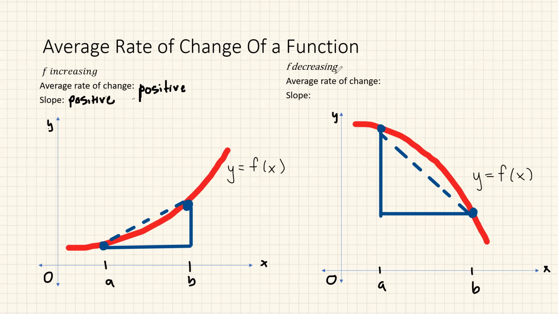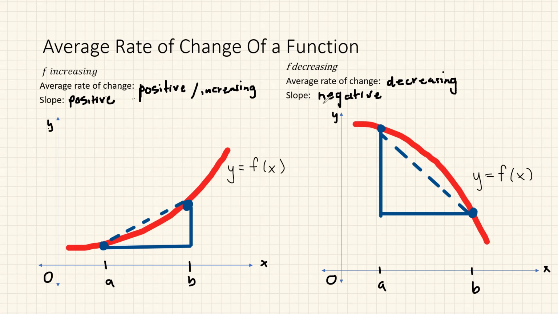To the right, when f is decreasing, this function in red, the average rate of change is going to be negative, and our slope is going to be negative.